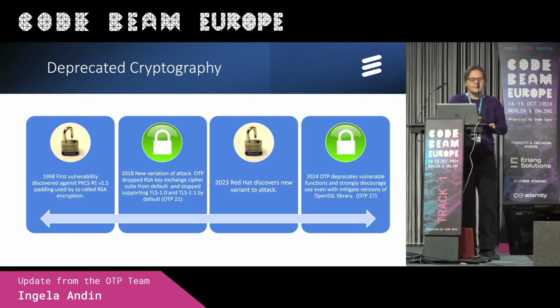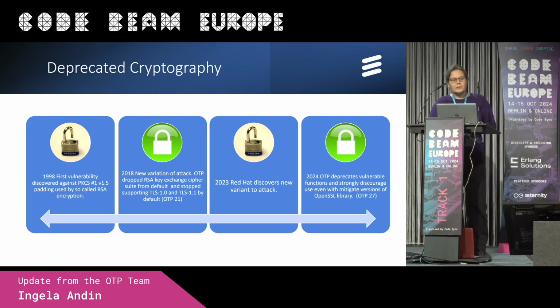In 2018, someone came up with a more potent attack against this padding, and at this point we dropped all default support in TLS that used this functionality. And in 2023, Red Hat came up with yet another way of attacking this padding. So we decided we were going to deprecate these functions.